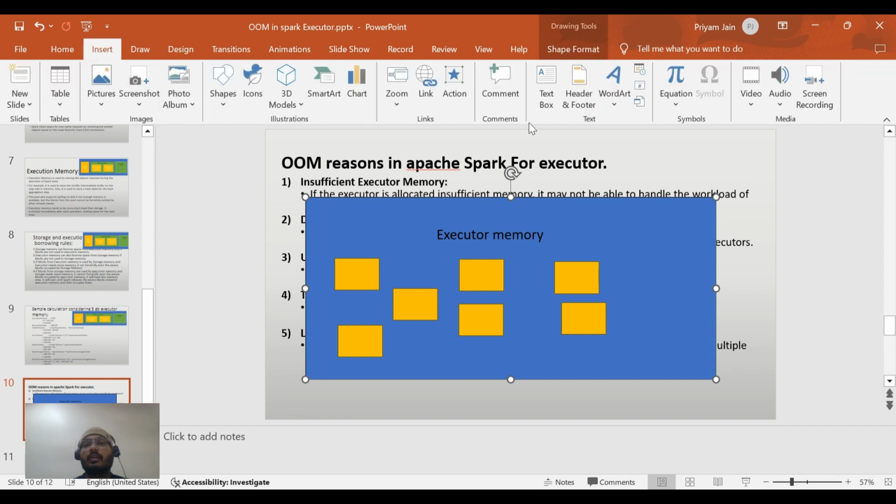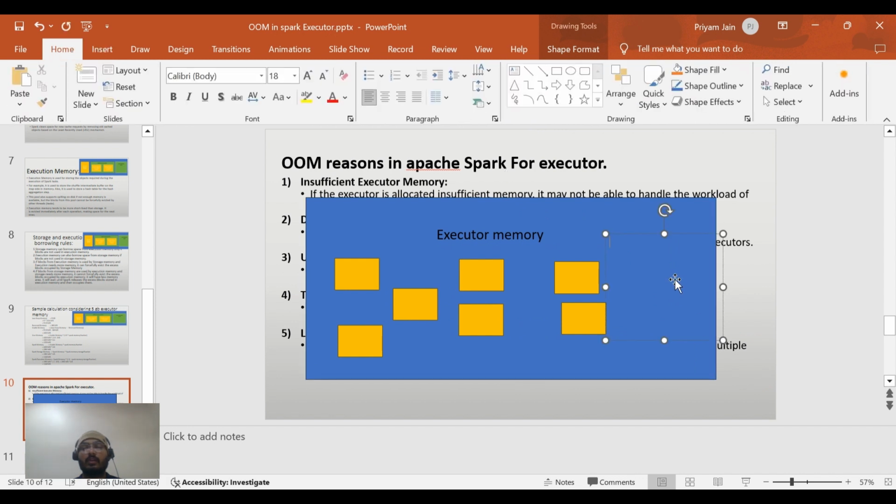Suppose the data is skewed, and for ID1 in DF1 there are like 10,000 records, and in DF2 for ID1 we have like 15,000 records. We should consider that, right? And for ID2 it is like 200 records.